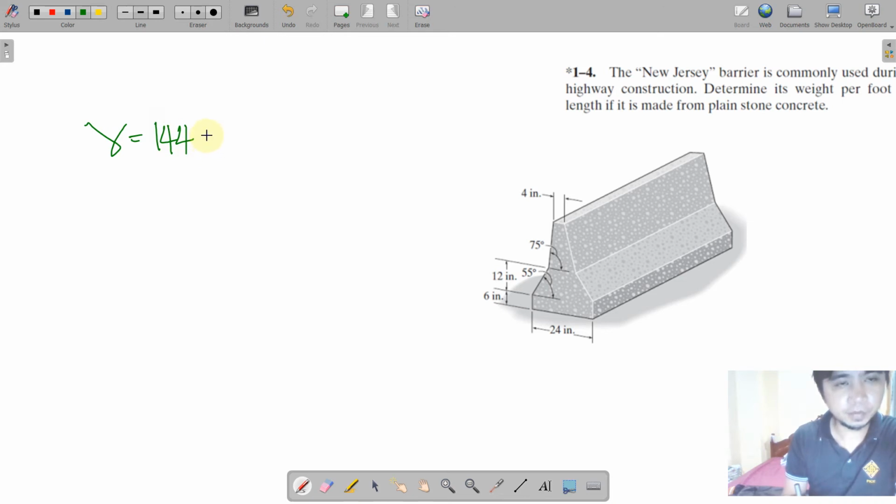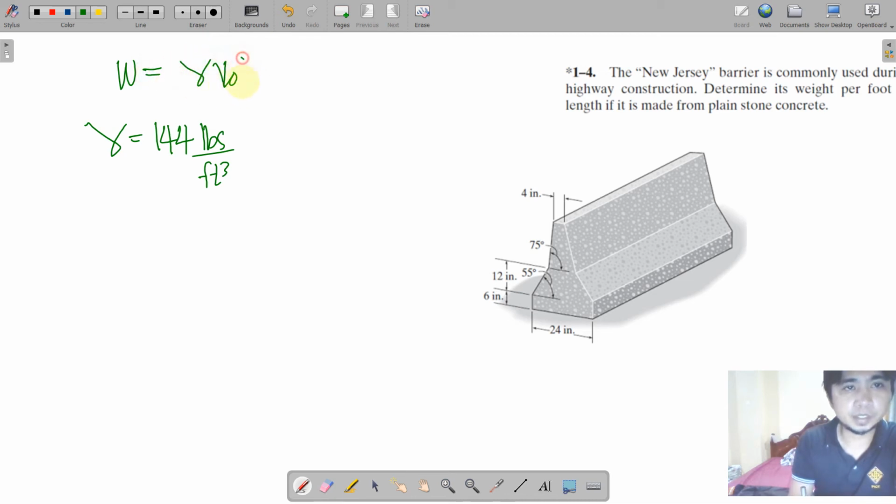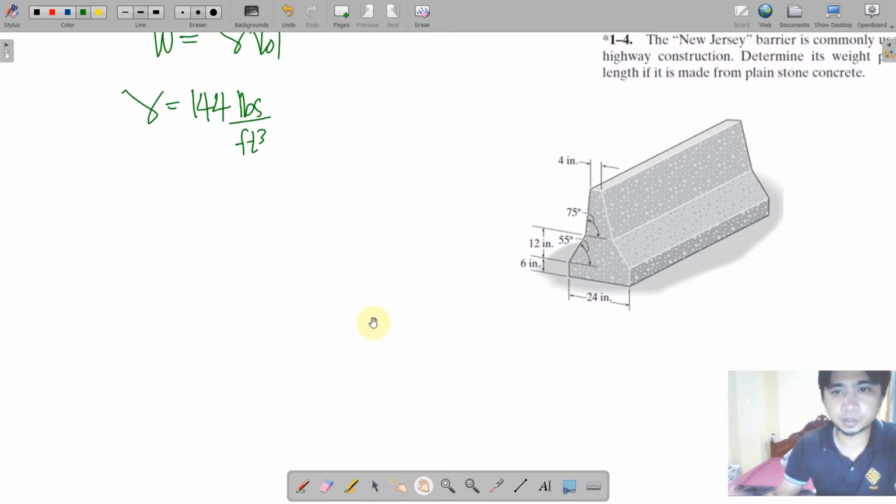What is PCF? Pounds per cubic foot. So again, it is just a matter of getting the volume, because as we are familiar now, by this time, the weight is just equal to the gamma times volume. Okay, so let us practice geometry. So we illustrate again this section here.